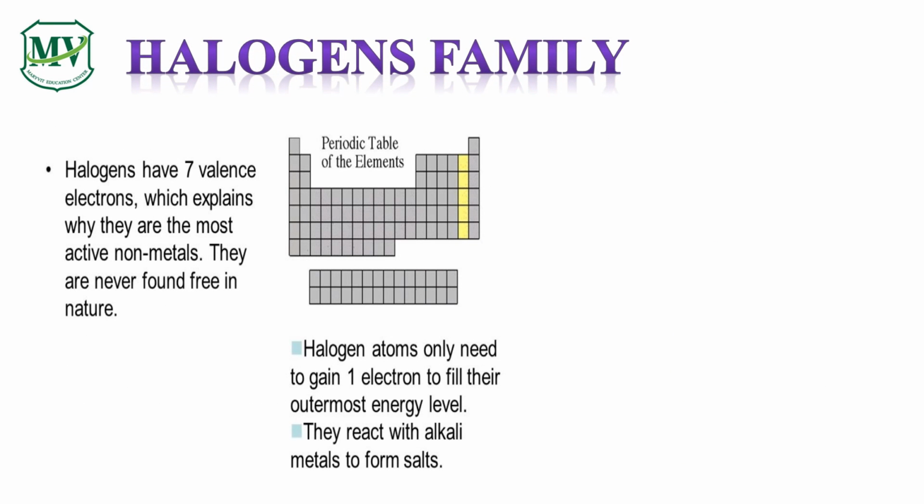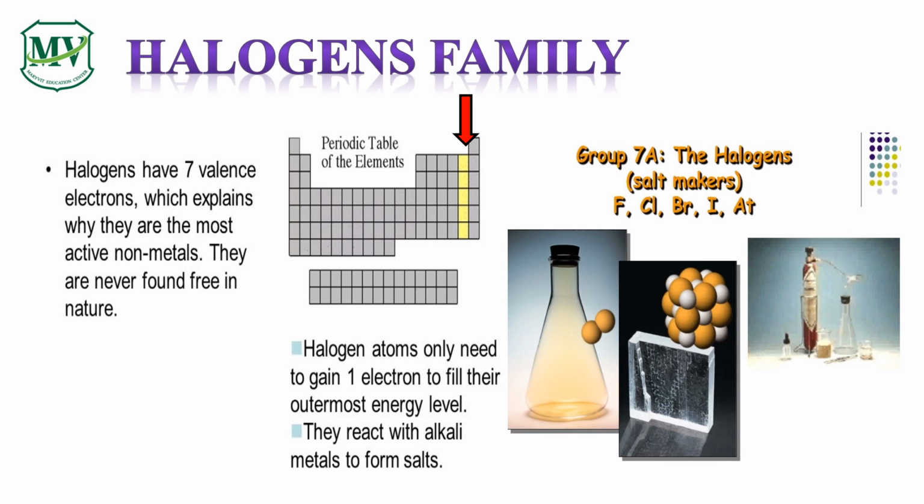The halogens family or the salt makers. What are the halogens family? Well done! Halogens are the most active nonmetals because they have 7 valence electrons. Elements in this family are never found free in nature.